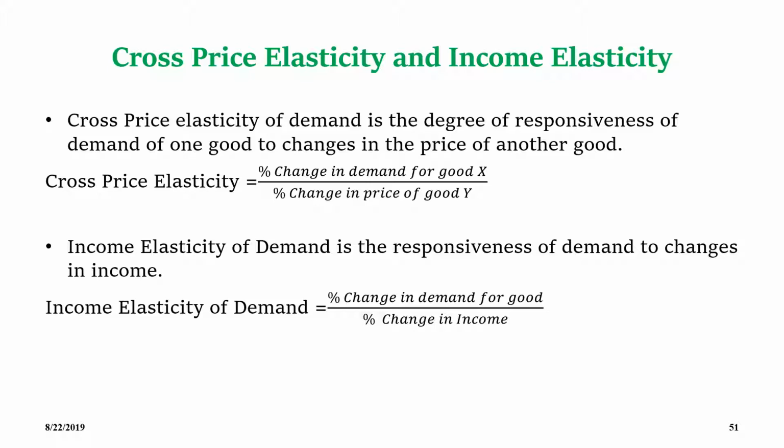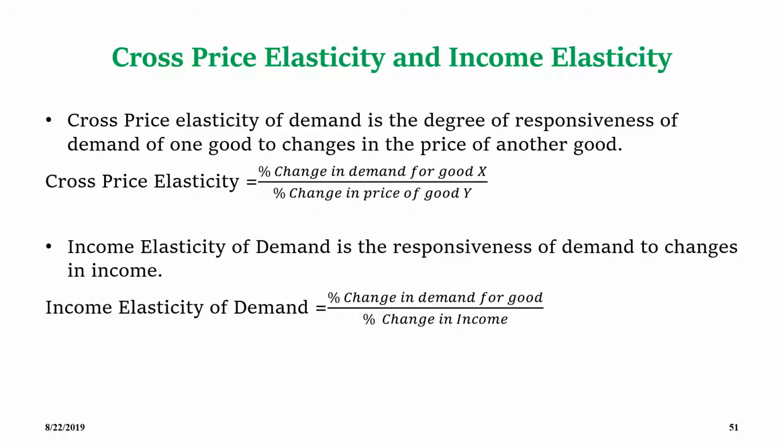Okay. Now we look at income elasticity of demand. Again, it's the degree of responsiveness of demand to changes in what? Income. This time it is income, right? For normal goods, the income elasticity of demand is positive. For inferior goods, it is negative.